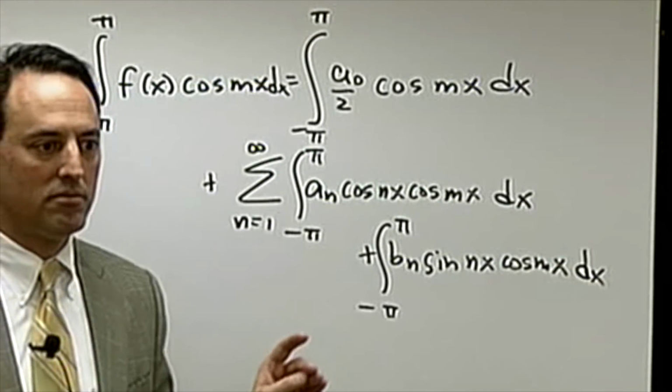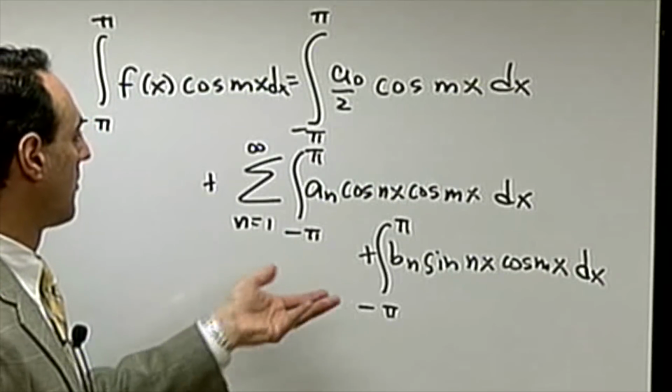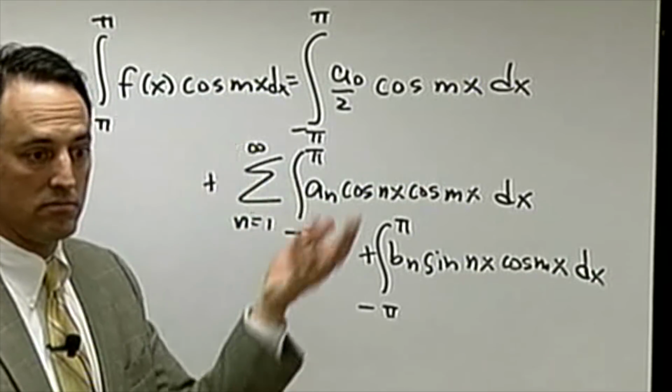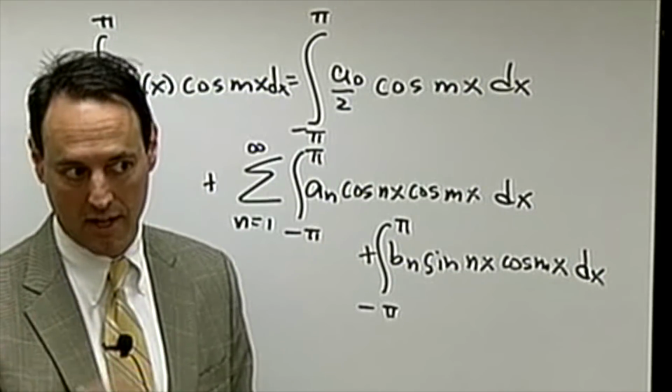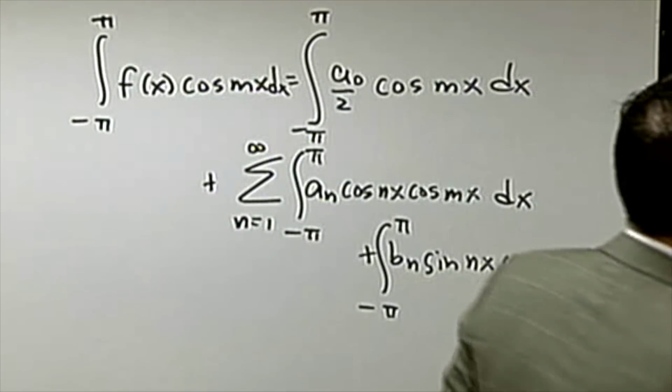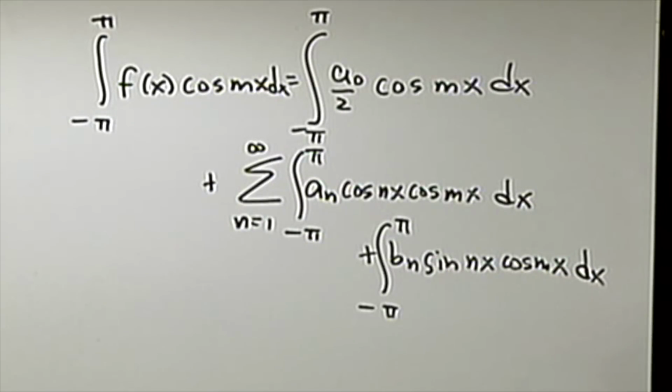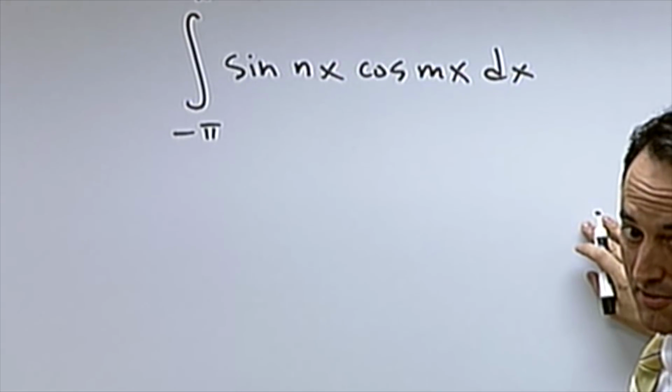Easy enough to do. And now, what do these integrals all evaluate to? There are some really nice orthogonality properties of these functions. Here's something to note. If you do this integral on that 2 pi periodic domain, you can easily calculate it.